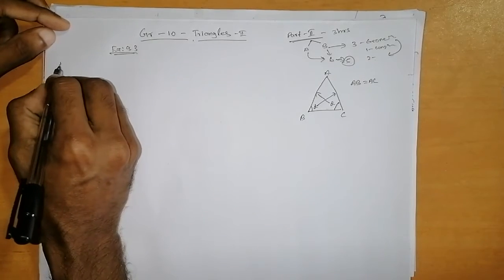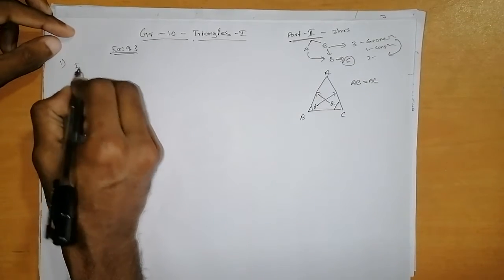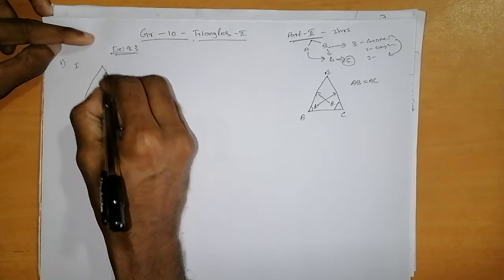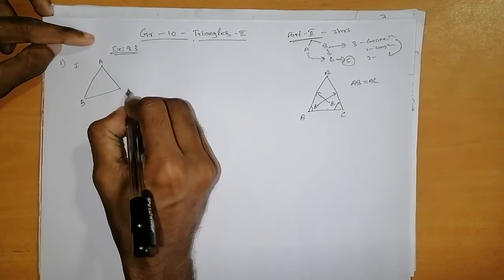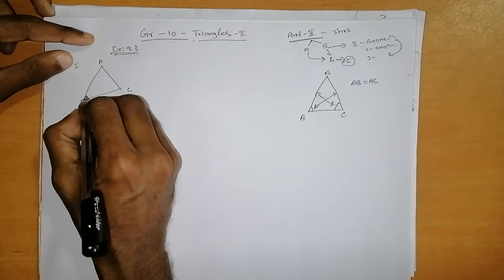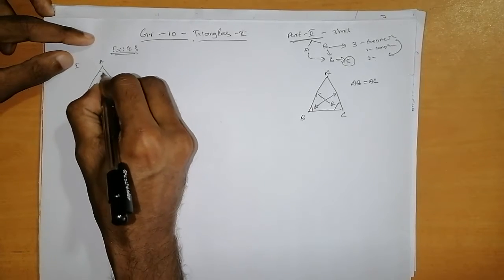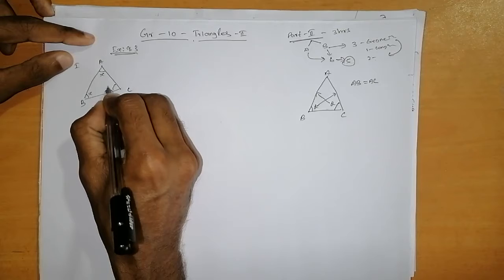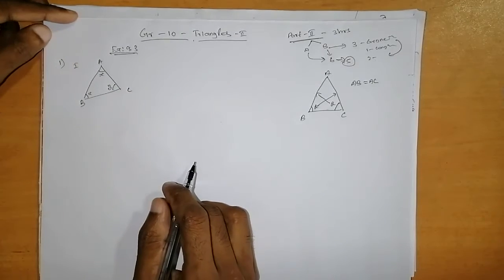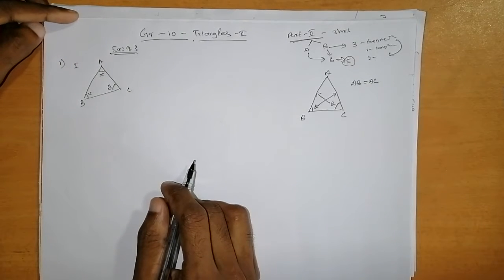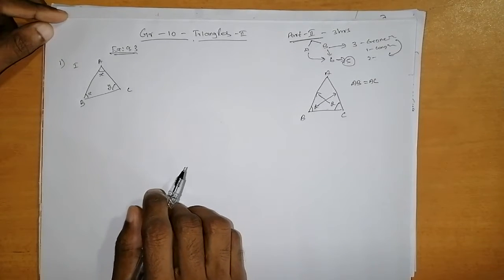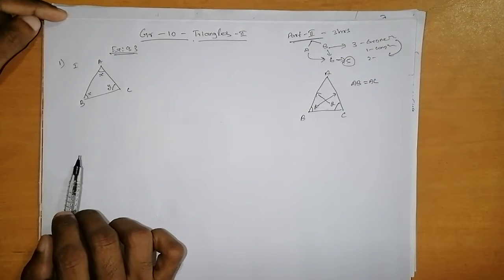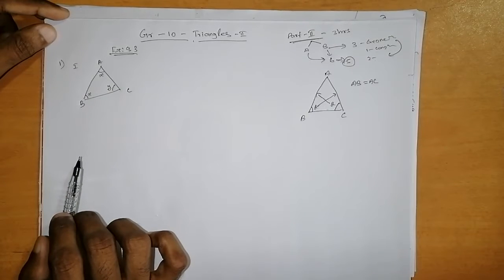Okay, the first figure of the first question. Triangle ABC, the angles are given: x, another angle x, another angle y. They asked to select an isosceles triangle. How to select it? You need to check whether any two angles of the given triangle are equal.